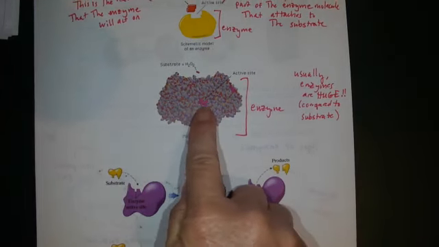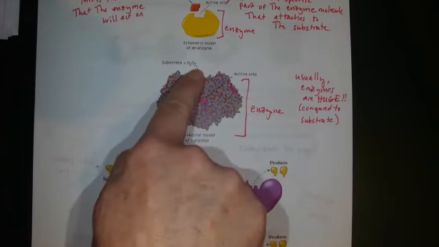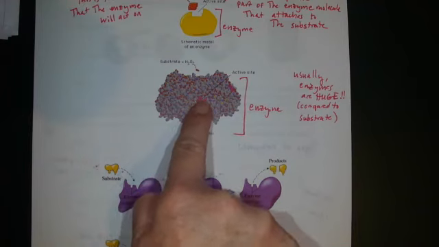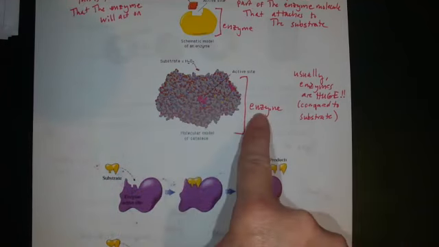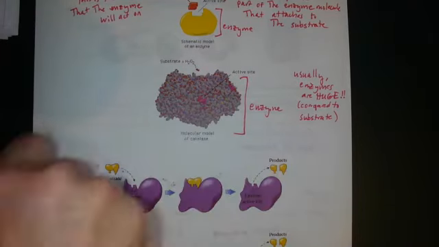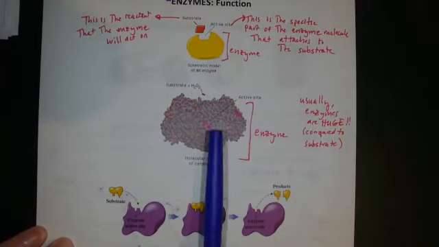Here, the active site is highlighted. This is the specific part of the enzyme where that H2O2, that substrate, needs to make its way. Otherwise, it will not be able to function as an enzyme if the substrate doesn't attach there. So that general overview of the structure of an enzyme is going to help us understand enzyme function.